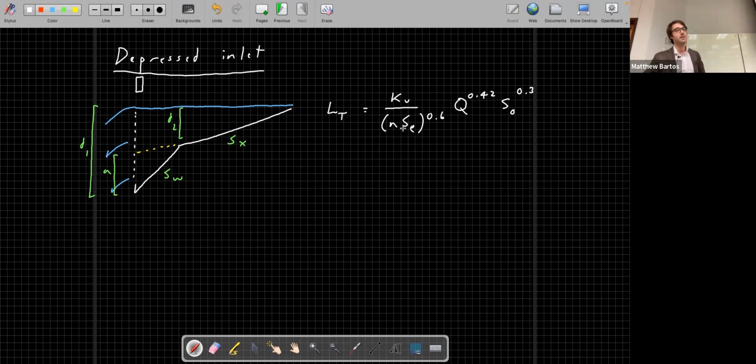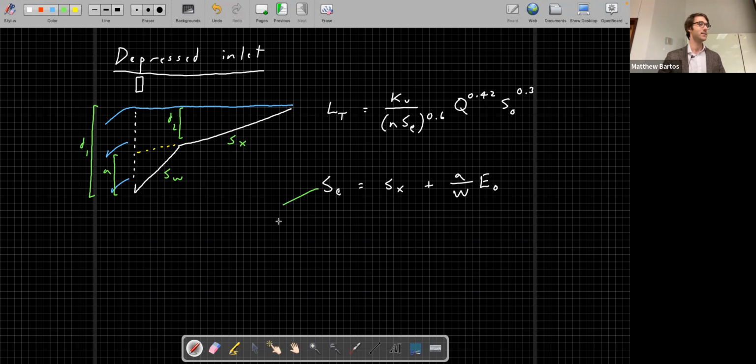So this S sub E is essentially replacing the cross slope S sub X, and this is what's called an effective slope. So it's kind of a weighted average of S sub W and S sub X. So S sub E, the effective slope, is equal to the cross slope of the shallow portion, S sub X, plus A over W times E naught.